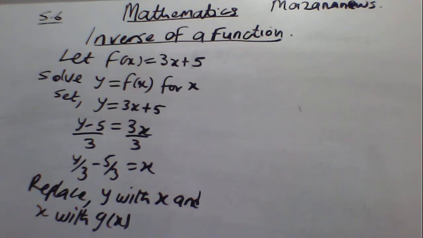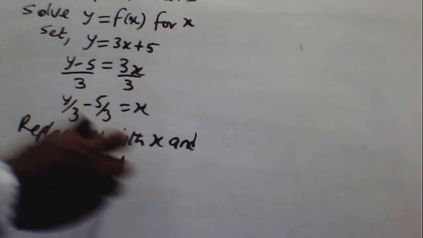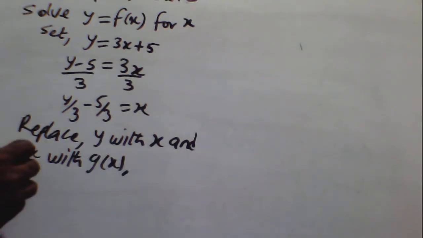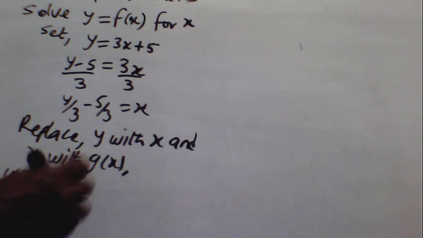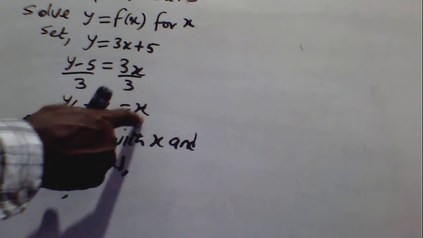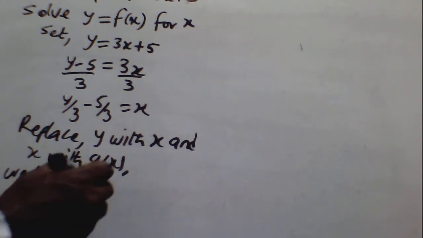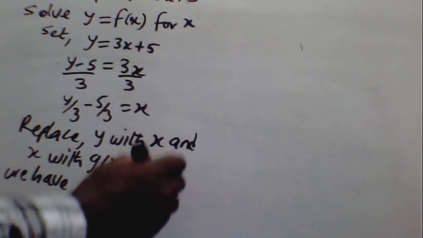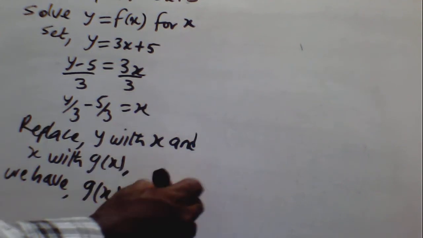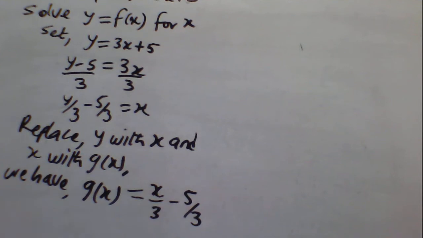If you do that, then we have g of x equals x over 3 minus 5 over 3.